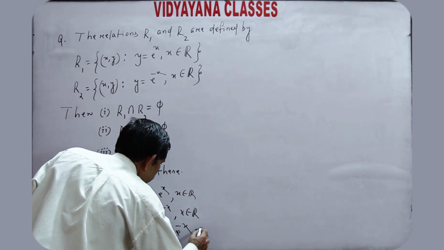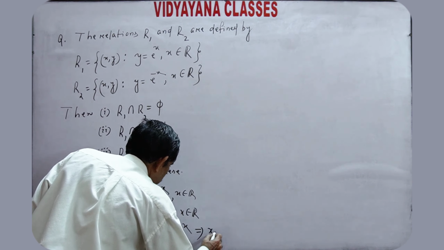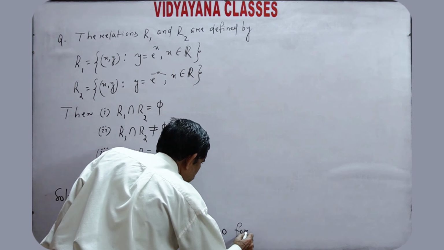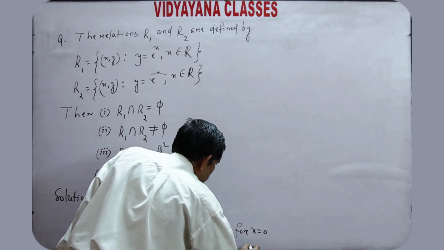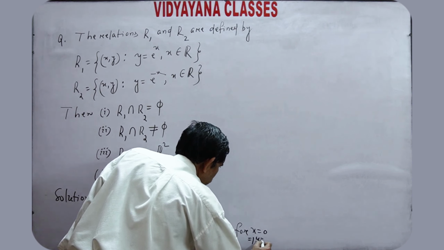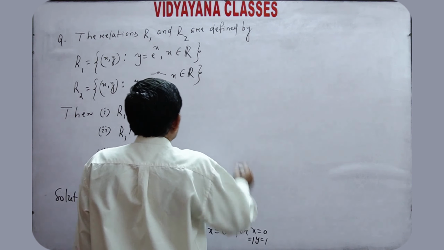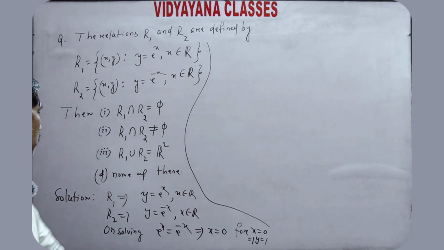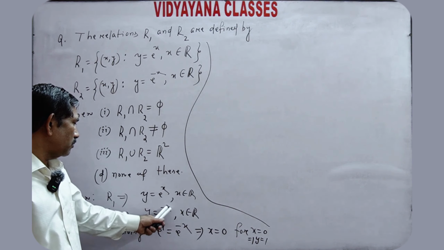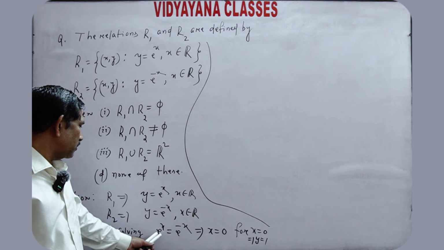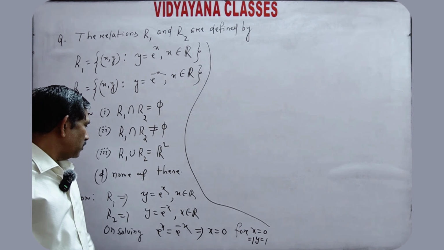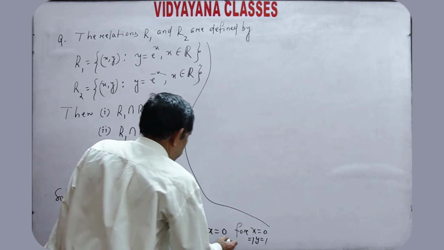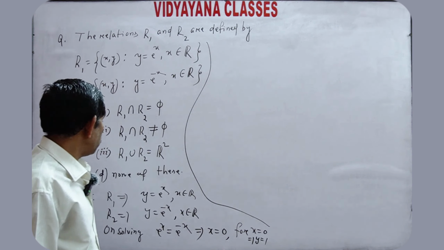That implies x is equal to 0. For x is equal to 0, yes, y is equal to 1. Clear? For x is equal to 0, y is equal to 1.